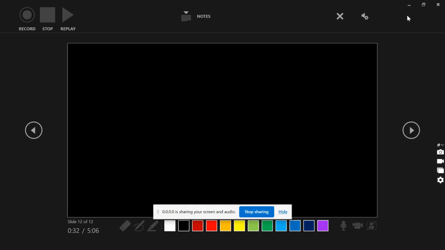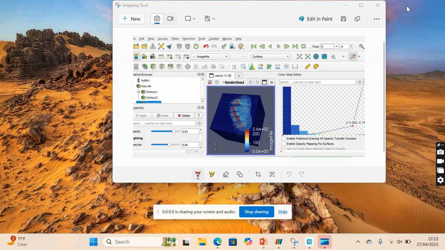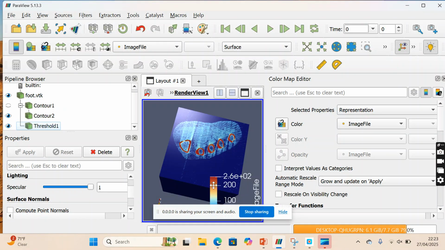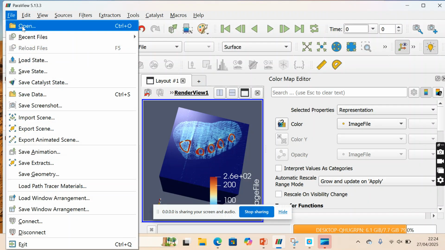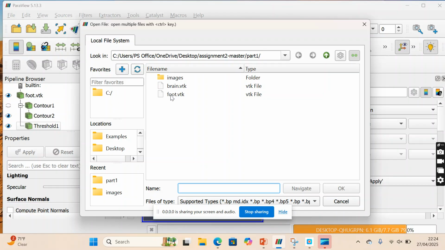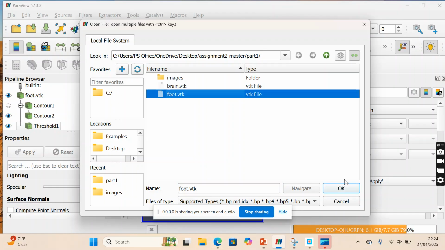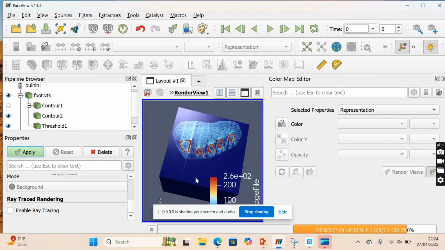Now, let me go to ParaView. So with ParaView, I'll get my image here, then load it.